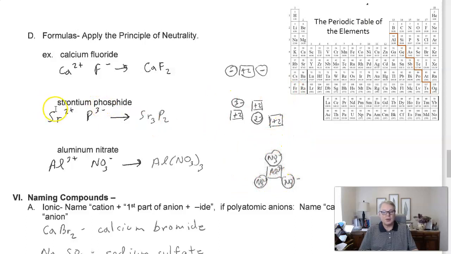And so, yeah, I can bring you a jar of strontium phosphide. I can bring you a jar of aluminum nitrate. I can't bring you a jar of nitrate, but if I put it with cations and make something neutral, yeah, I can bring you a salt that has nitrate in it, like aluminum nitrate or sodium nitrate or something like that.